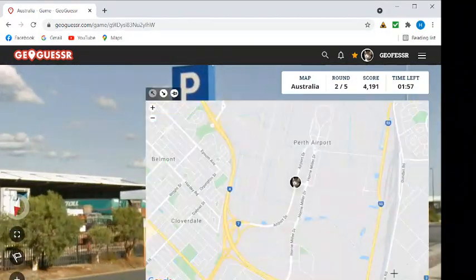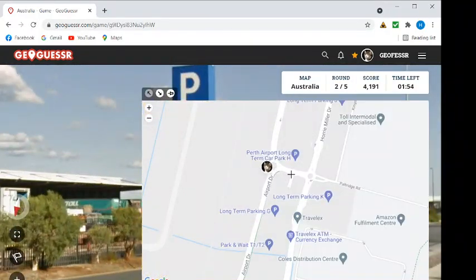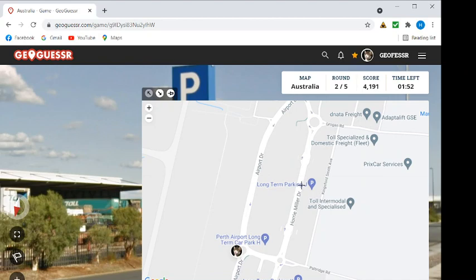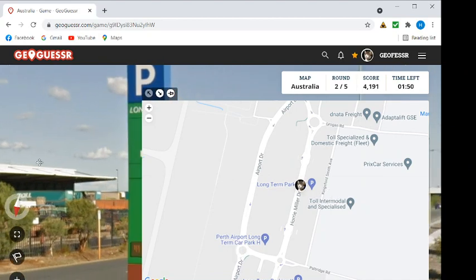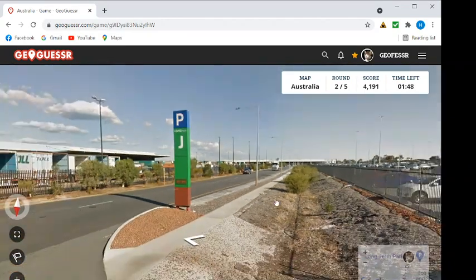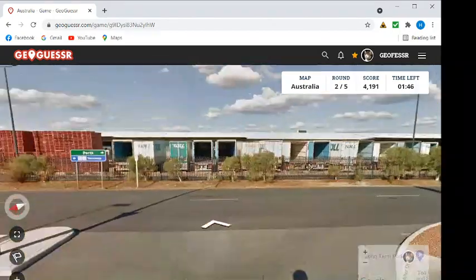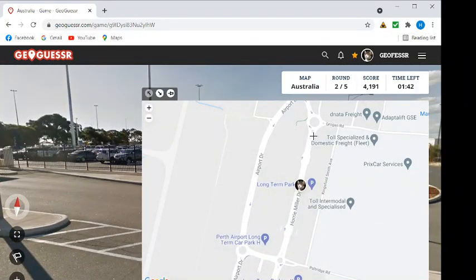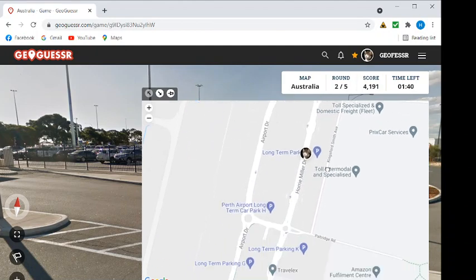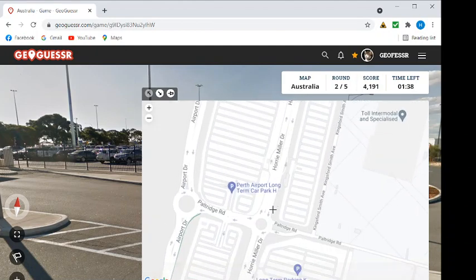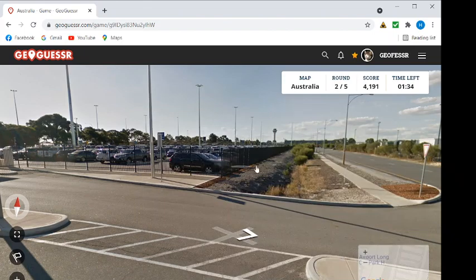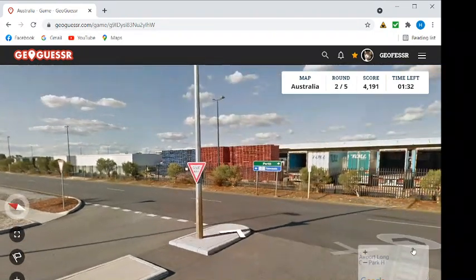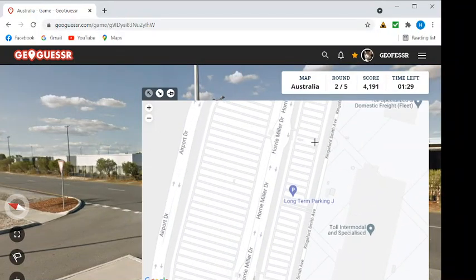Okay, we have long-term parking J. There's H. Long-term parking J is there. Let's see. This is a north-south road. This one probably. Wait, it ends, right?